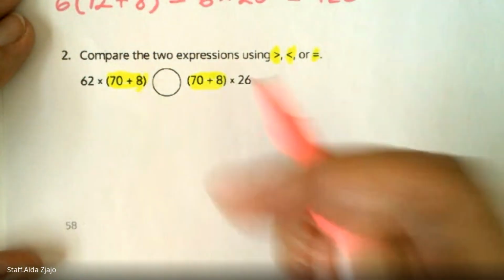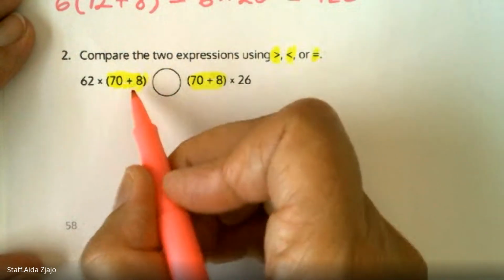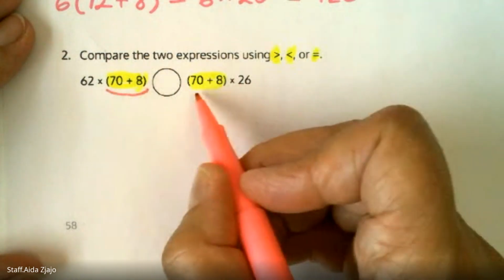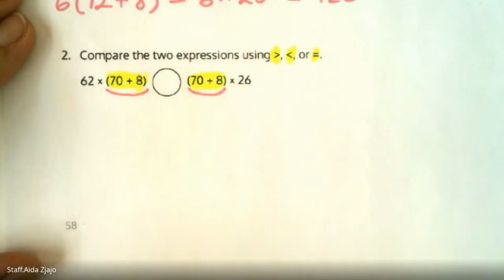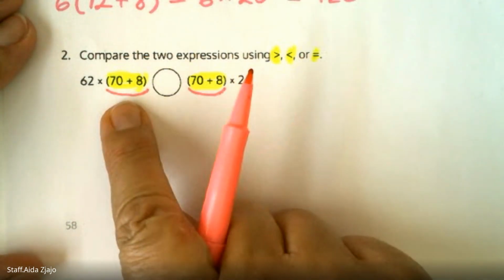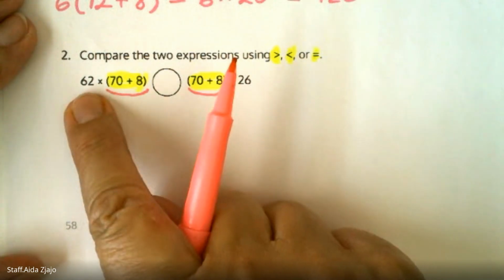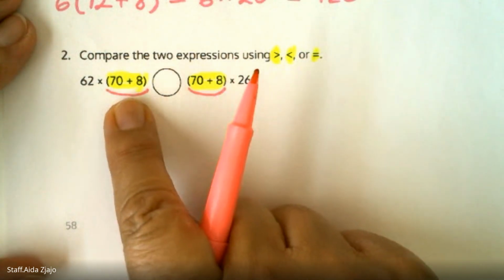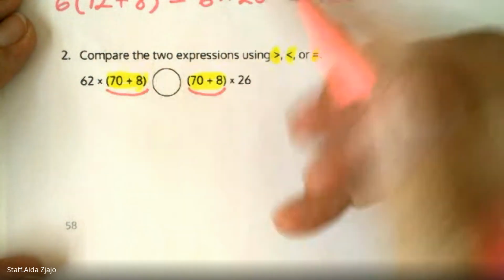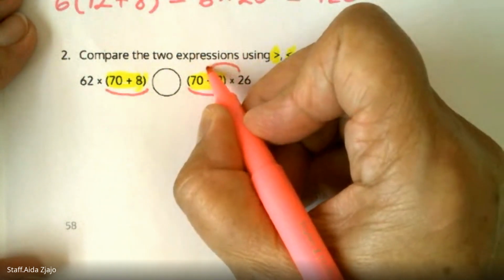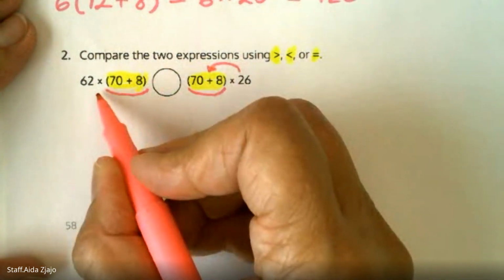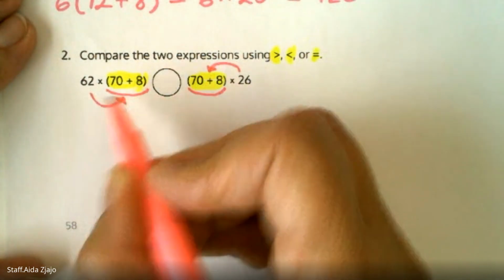So over here, you can see that this part, this factor and this term, both are the same. So you could think, oh, 62 groups of this. And then you can also go the other side, 26 groups of this. It doesn't matter which way you go.